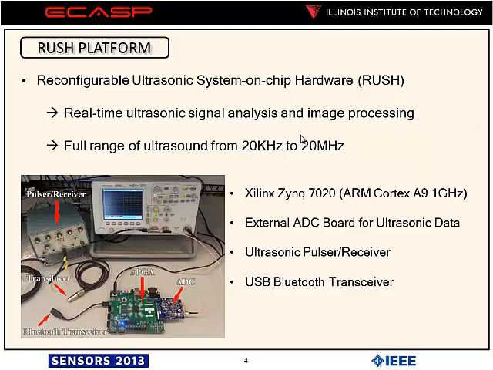Previously we were working on two different FPGAs, and now we are in the transition of upgrading to the new Xilinx FPGA with an external ADC board. Since this has an ARM core in it, we can utilize embedded Linux applications on it, and we can put pre-filters into the FPGA more easily.